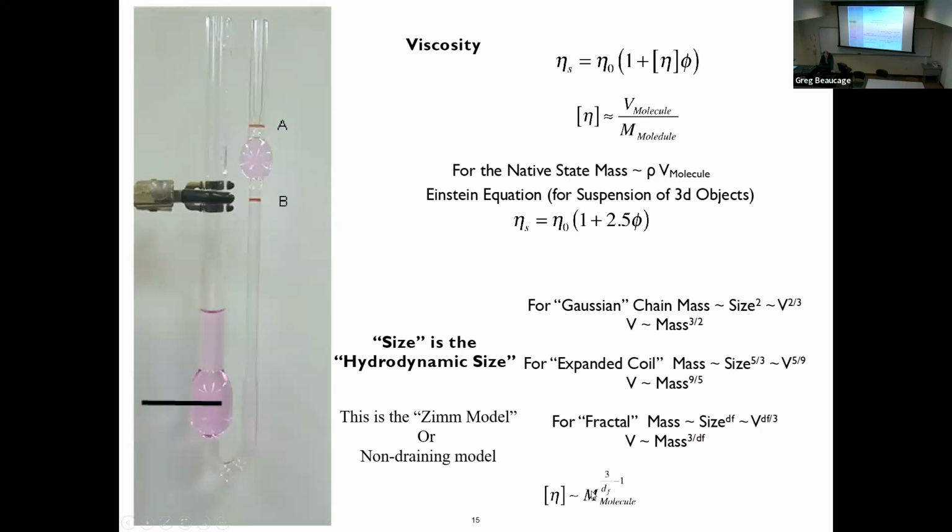So you can get the fractal dimension of the chain from this intrinsic viscosity measurement. Because it's going to be the volume by the mass, and the volume is r cubed, and r to the df gives mass. So basically, you can get this equation. You can get the mass from that. So with a simple measurement, you can get the mass, the intrinsic viscosity, and the dimension of the chains in there from just running this viscosity measurement.